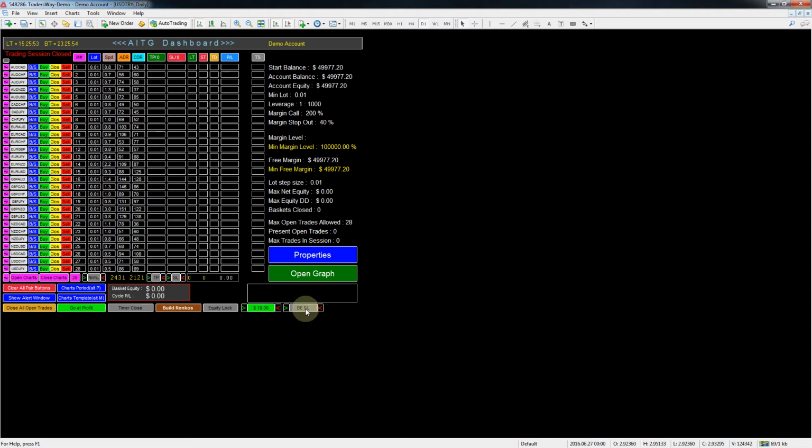And you can always set up a basket stop loss. So if the basket goes into a $10 loss, it will close all of them. And of course you can change either one of these, and you can turn these on even after the trades are open if you want to.